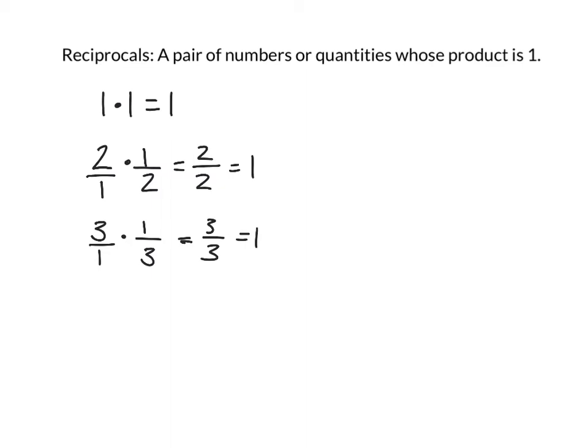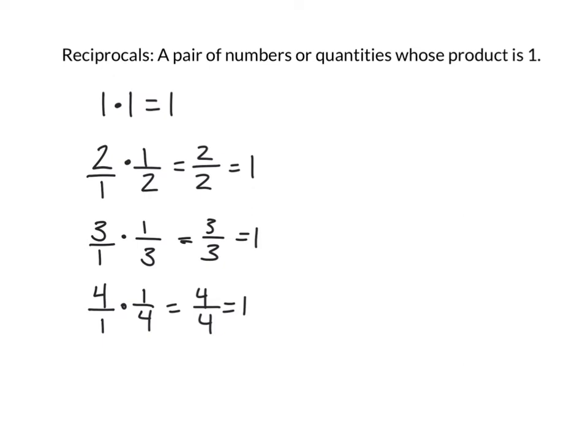Are we starting to see a pattern here? If I take 4, the reciprocal of 4 is 1/4, because 4 over 1 times 1 over 4 equals 4 over 4, which equals 1. So it seems like if we have a whole number, the reciprocal is always 1 over that whole number.